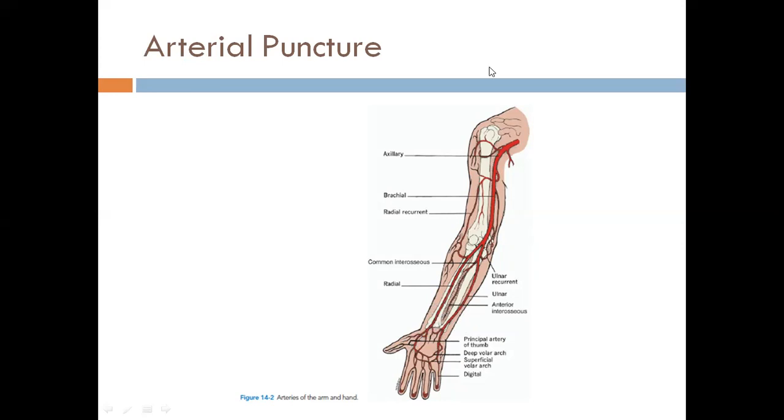Dito nyo kakapain. Dito nyo siya ipapalpate in that area. Pag may naramdaman na kayong pulse dyan sa area na yan, and in line with the thumb, that is your radial. But in line with the pinky finger, that's your ulnar. Take note that the ulnar artery cannot be used for arterial puncture.